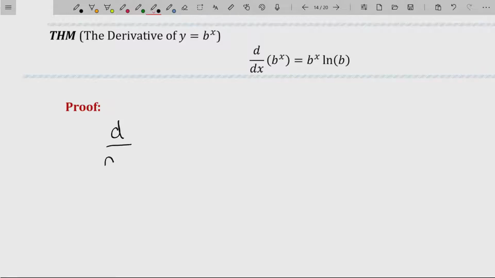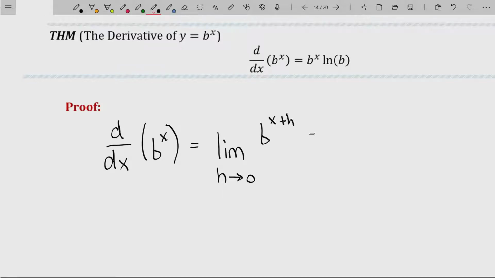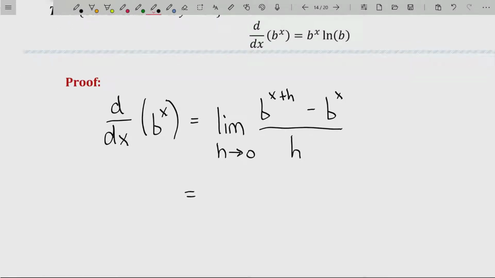The derivative with respect to x of b to the x is defined to be the limit as h approaches 0 of b raised to the x plus h minus b raised to the x all over h. That's not a big deal. Then we can say this is the limit as h approaches 0.